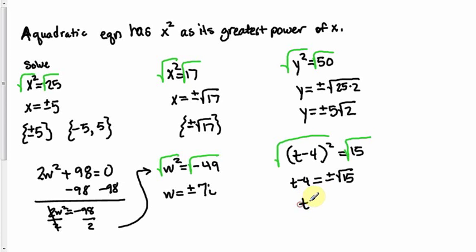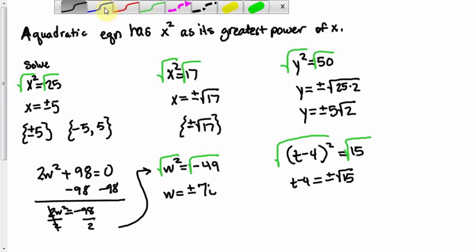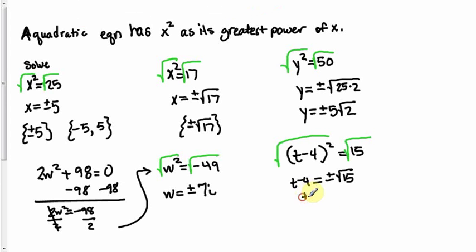Then you get t equals, well, I'm skipping a step and I shouldn't do that, I apologize. You're going to add 4 to both sides. 4 is positive. So now we get t equals, because those cancel, positive 4 plus or minus the square root of 15.